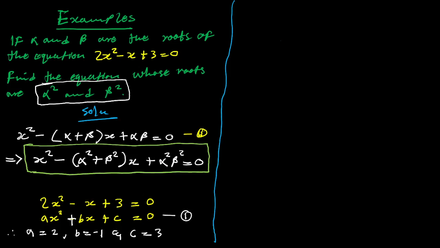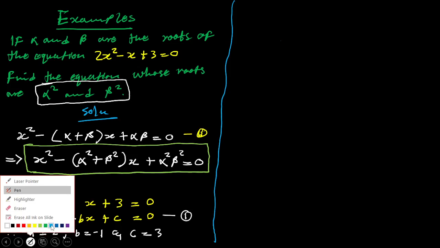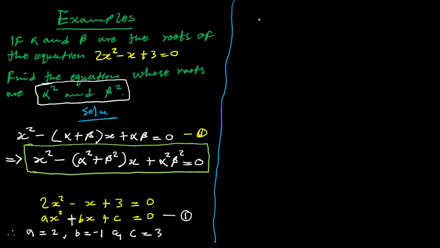Okay, so after you do this, your next job is to look for alpha plus beta. So alpha plus beta, according to the equation, was -b over a.